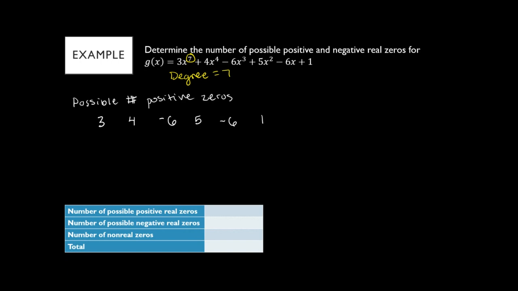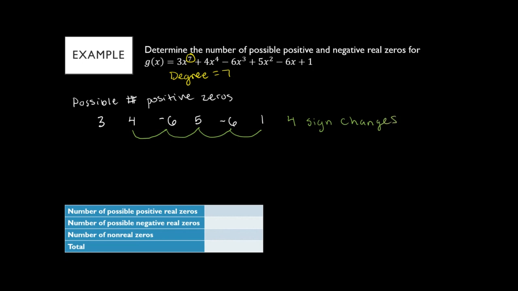So we have positive to positive, but then we go from positive to negative. Then we go from negative to positive, and positive to negative again. And then we go from negative to positive. So you count these, we have 4 sign changes.